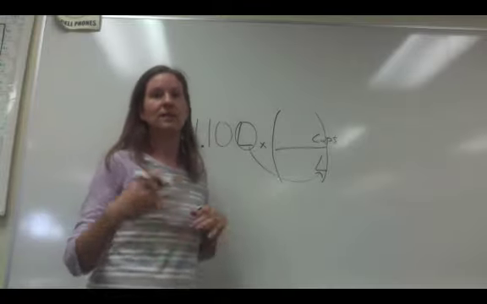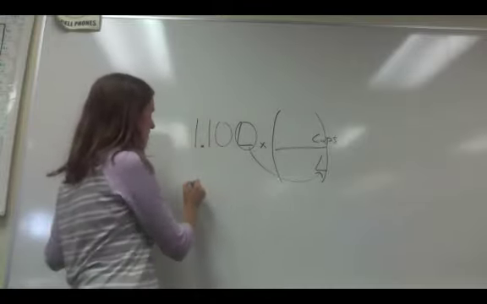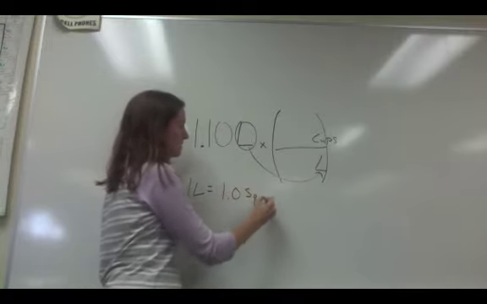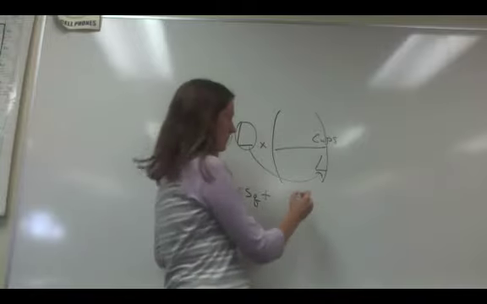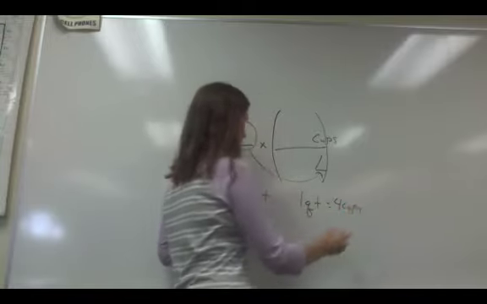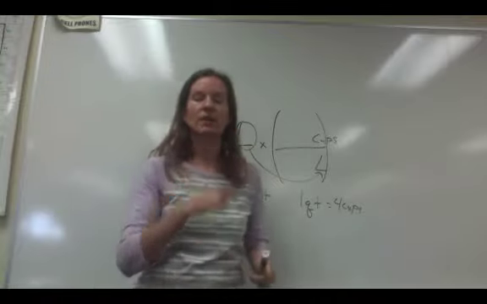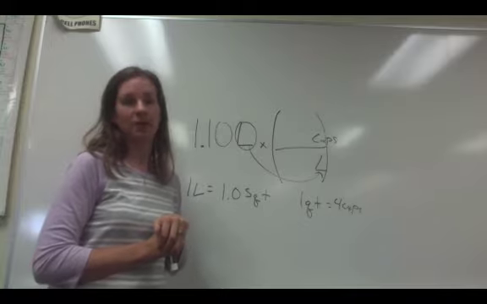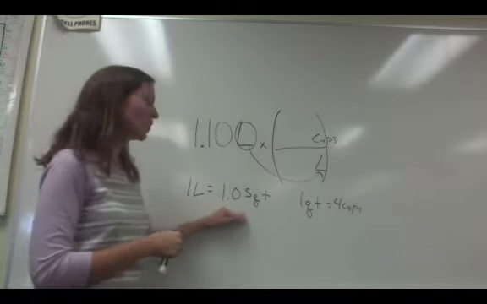Oh, wait. If you look at the relationships I gave you, 1 liter equals 1.05 quart. And I gave you that 1 quart equals 4 cups. So, right now, do you have a relationship of liter to cups? No. You have a relationship of liter to quart.